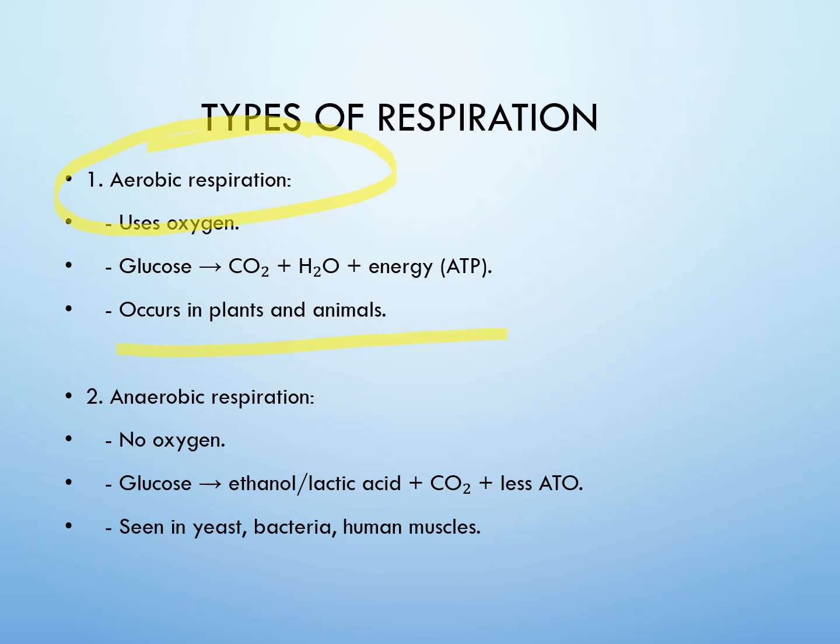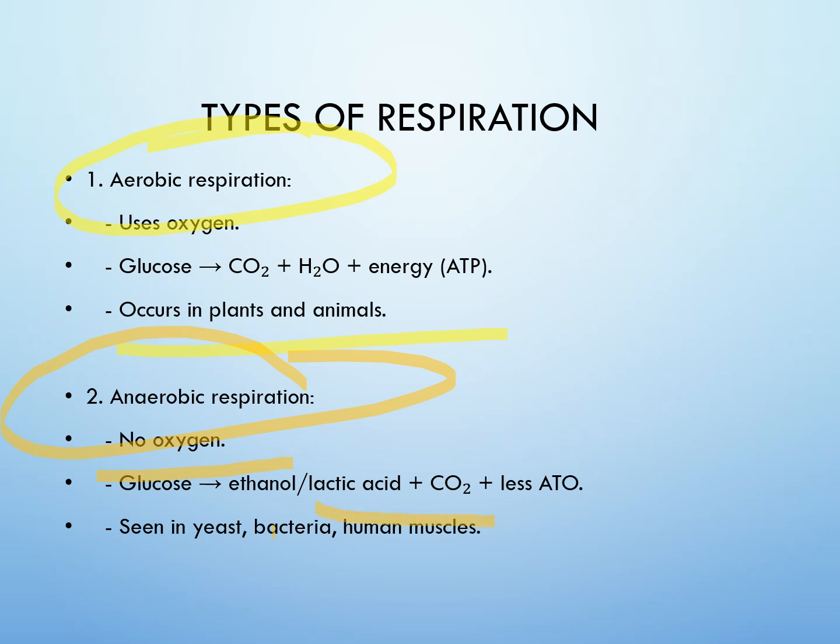The second type of respiration that we are discussing here is anaerobic respiration. Anaerobic respiration does not require oxygen and happens in the absence of oxygen. In NCERT we have been given two types of anaerobic respiration. One happens in the muscles, when in the muscle cells there is a lack of oxygen and lactic acid is produced along with carbon dioxide.